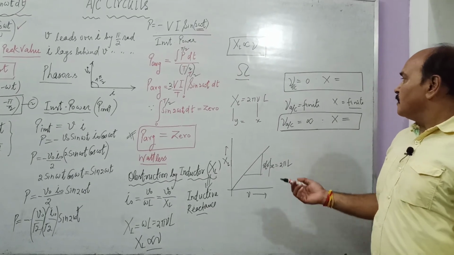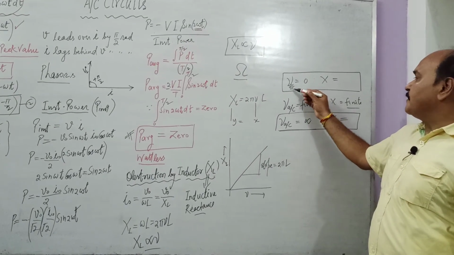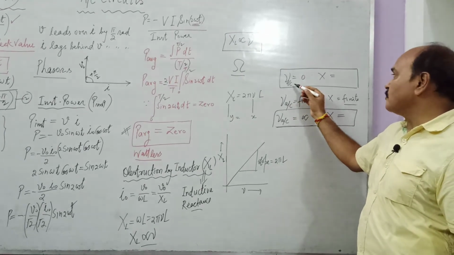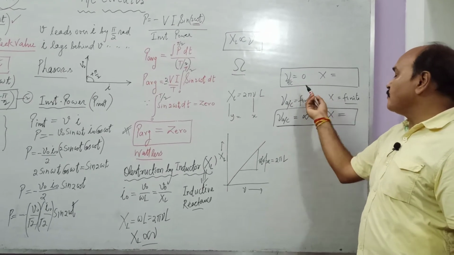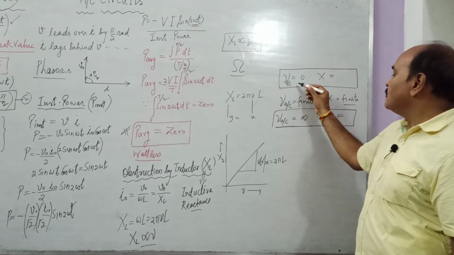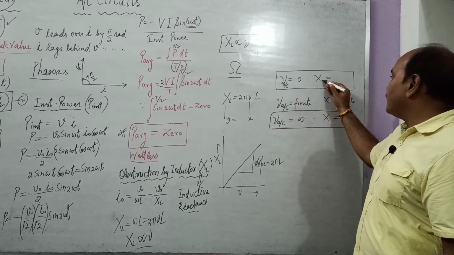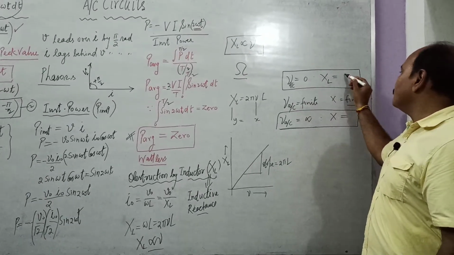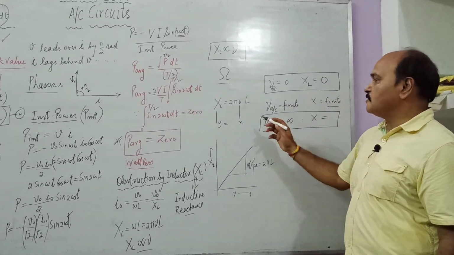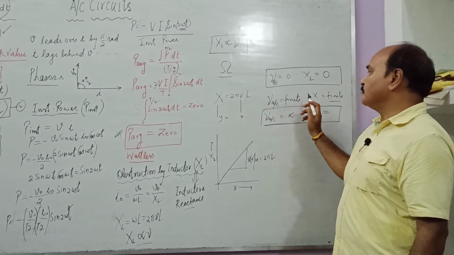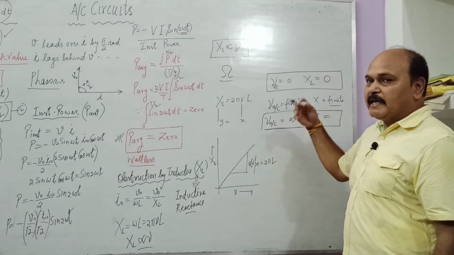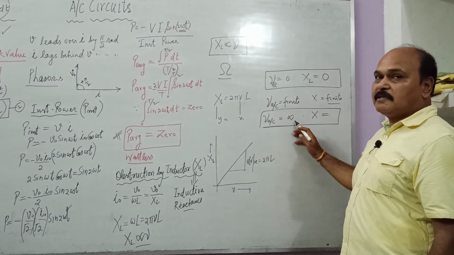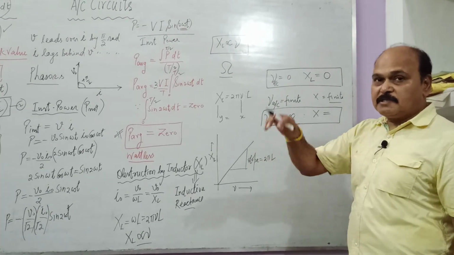Well, as usual, the frequency of DC source, DC current or voltage is what? 0. Since the frequency of DC current or voltage is 0, therefore obstruction by inductor to DC current is 0. When frequency is 0, XL is 0. For AC by default we take the frequency as infinite unless frequency is given.